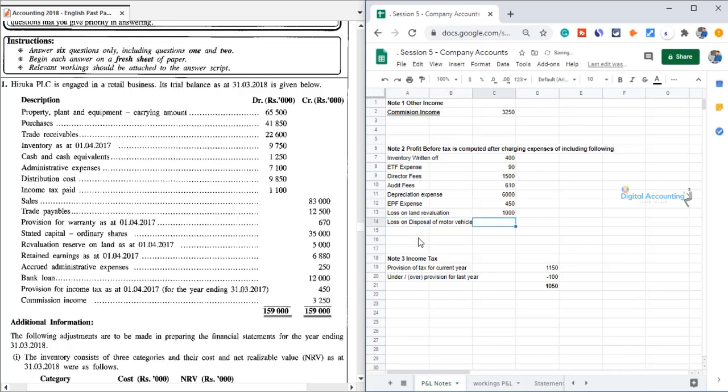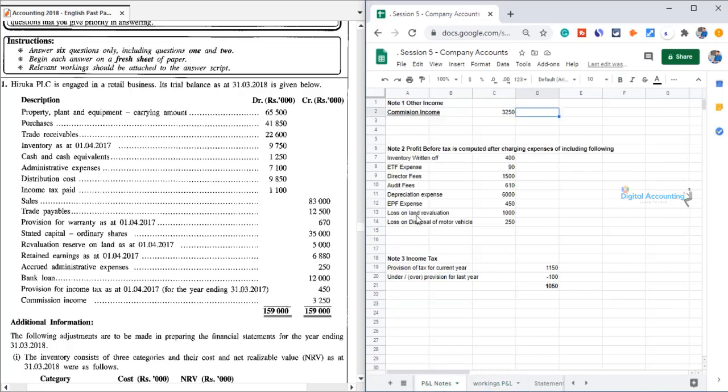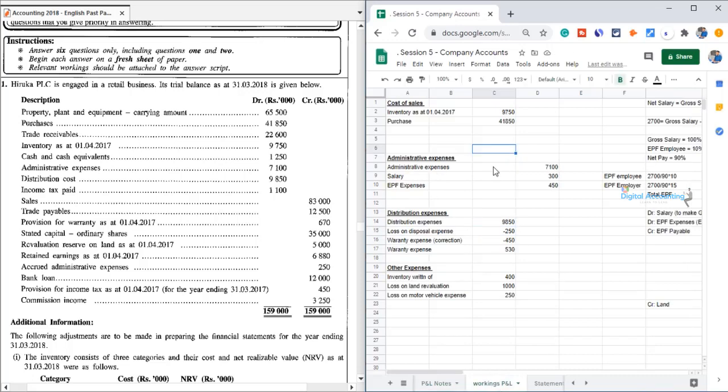So loss on disposal of motor vehicle 250. And provision for warranty expense 530 also we can give in the note. So we can finish the workings right now.